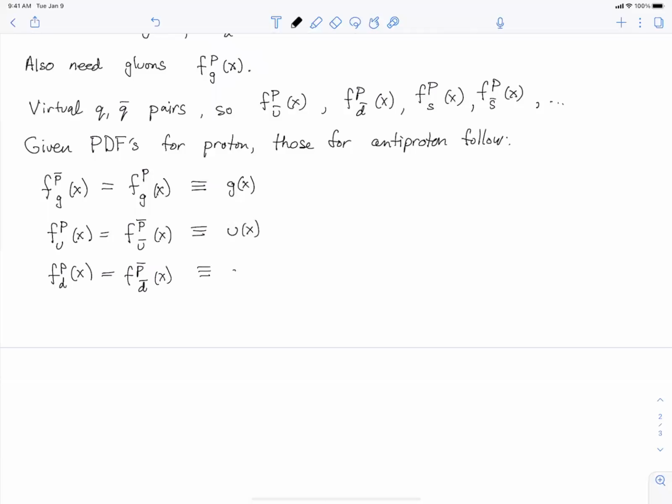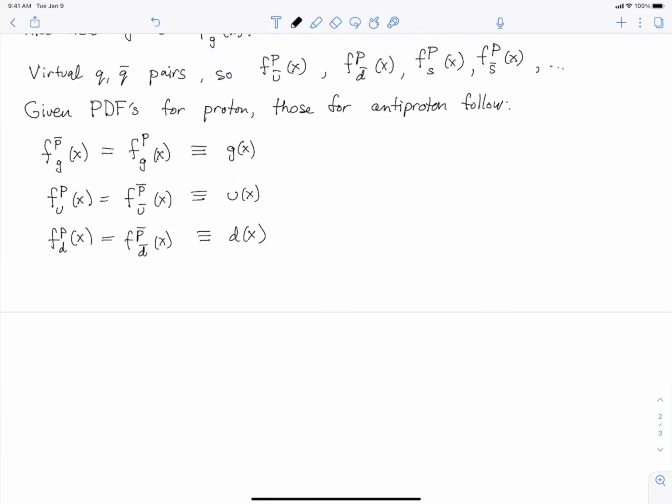This is the down quark PDF. And then you could ask, for example, for a proton, what's the probability to find a U bar? That's the same as in an antiproton to find a U quark. And that's called the U bar of x parton distribution function. Okay, so note that certainly it is not true that they're equal. U of x is not the same as U bar of x.